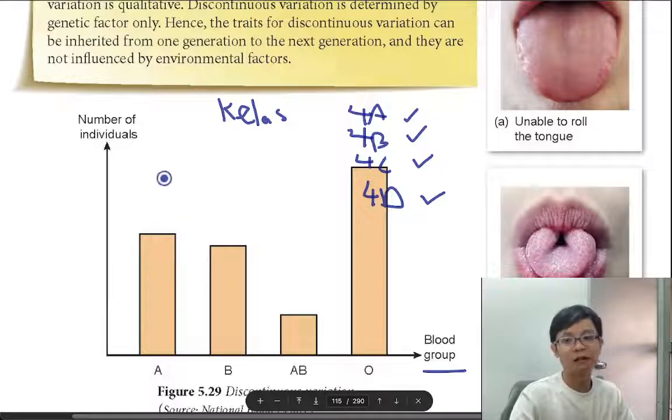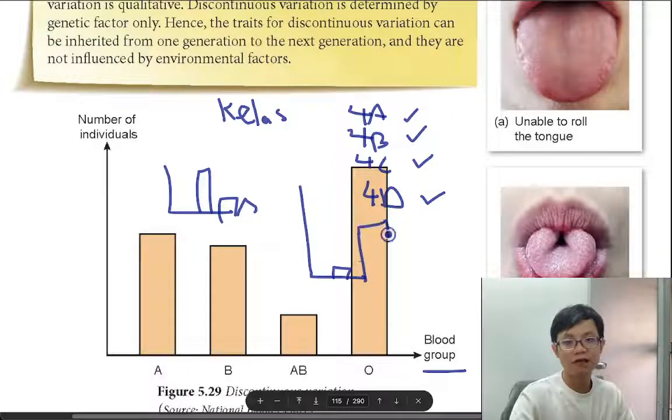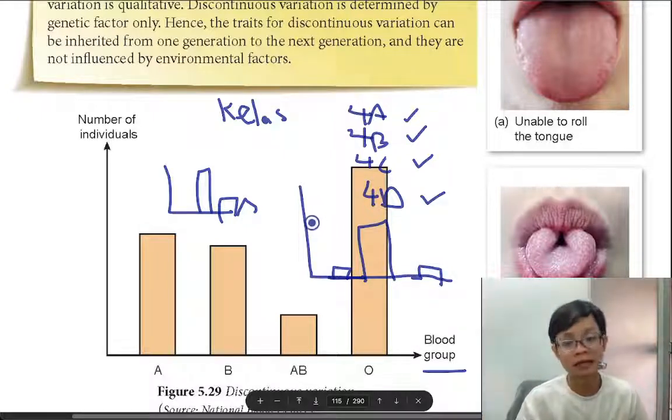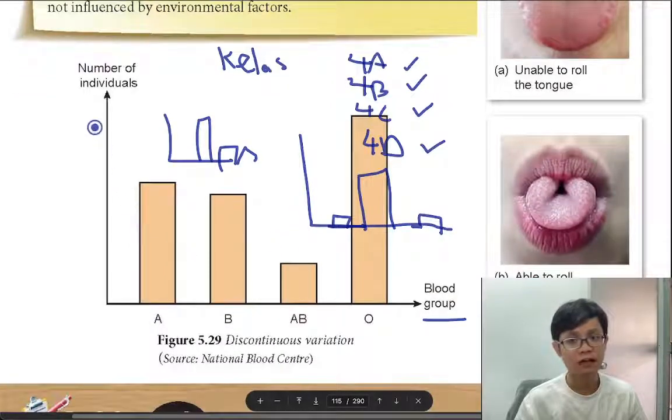Some class has this one up, this one down, and another class has this one down, this one up. So there is no clear pattern that we can see in this trait. That's why we use a bar chart, and it makes sense.